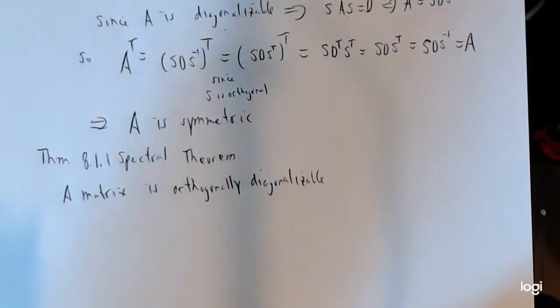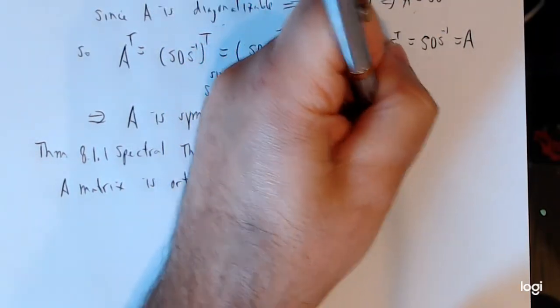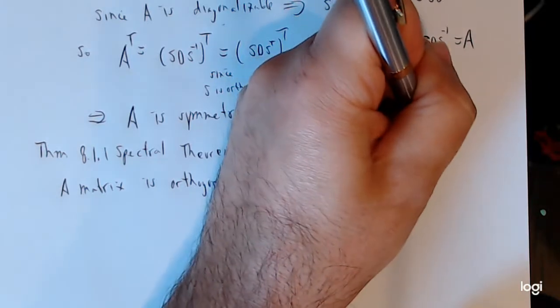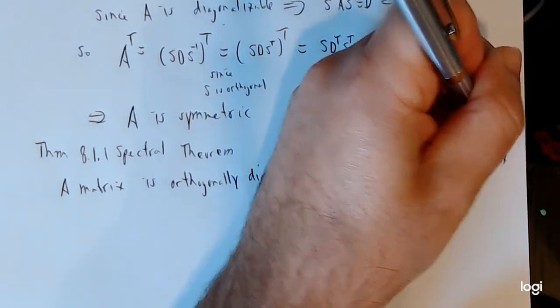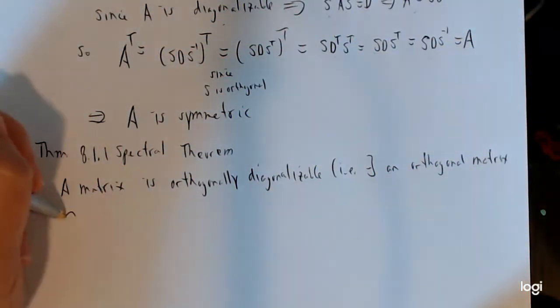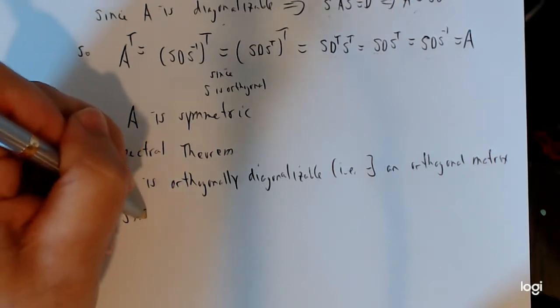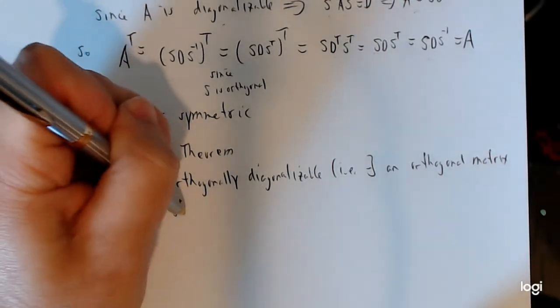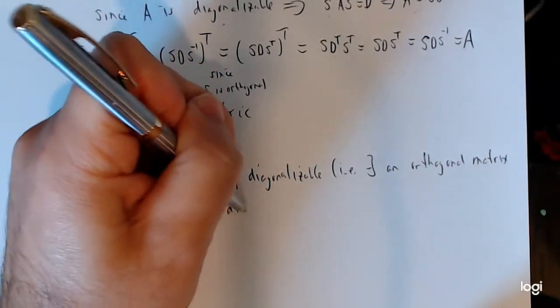So when we say a matrix is orthogonally diagonalizable, what is it that we mean? For instance, there exists an orthogonal matrix S such that S inverse AS equals S transpose AS, which is diagonal.